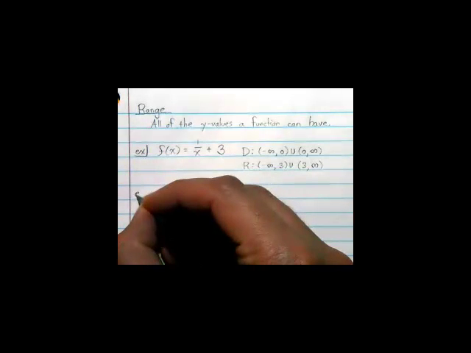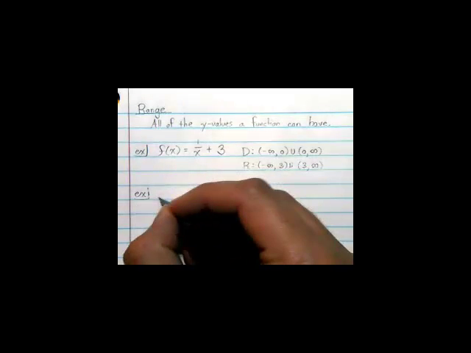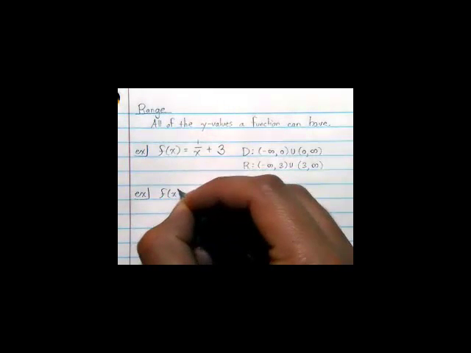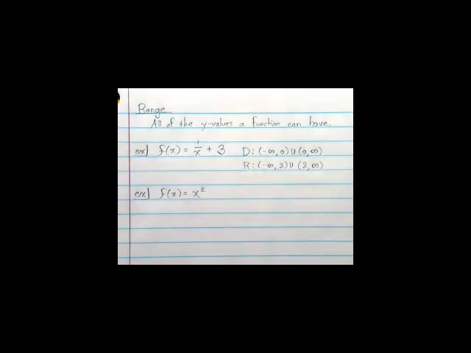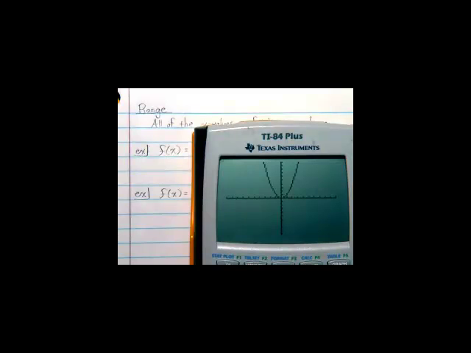Okay, how about a little simpler function, just x squared? Talk domain and range of x squared. So graph that one real quick. Maybe you already know what this one looks like, but just in case, there's x squared.